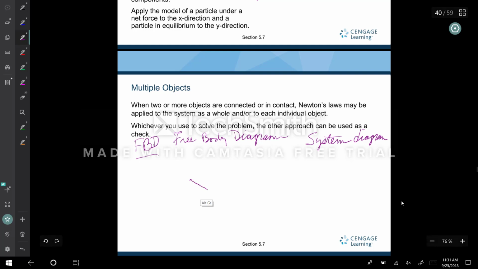So a free body diagram has on it forces. So in the case of the car, my forces are gravity, the normal force. Normal force goes in what direction?